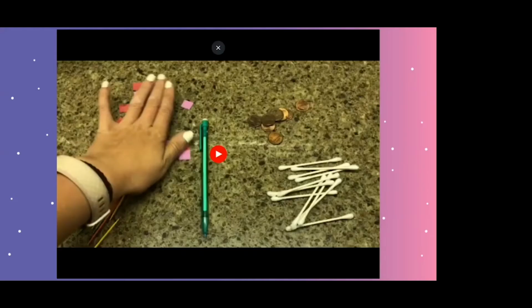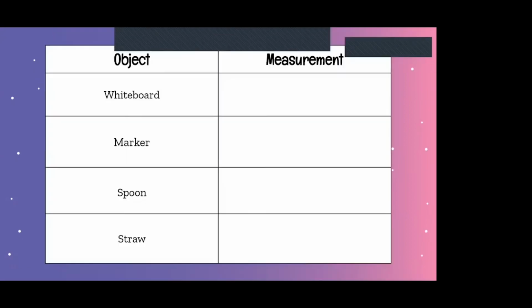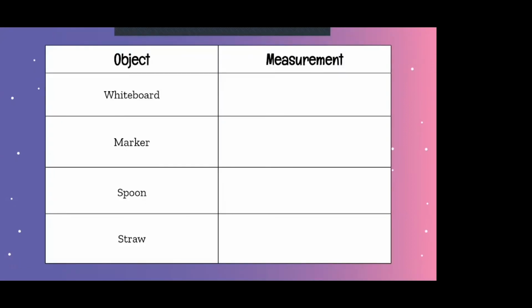So here's what we're gonna do. I'm going to show you a list of things that I measured, and we're gonna work through this next part together, okay? So let me share my screen. So I have this list right here, and on the left side, it has the name of an object.